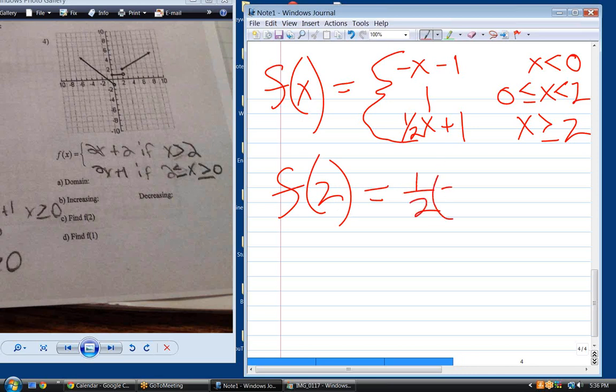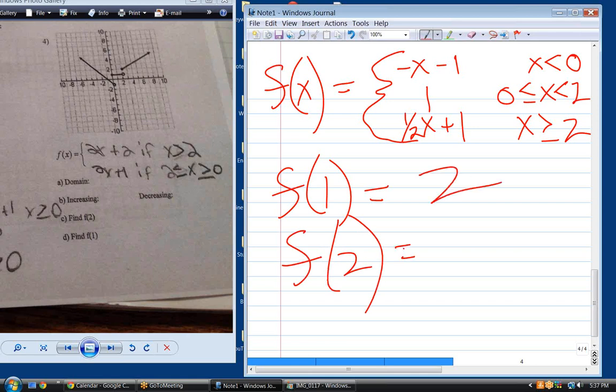I'm going to plug in 2 for x. Okay, sorry, I thought you gave me the wrong answer at first. My mistake. Yeah, f of 2, you're correct. That is 2. What's f of 1, and which function am I going to use? Are you going to use the middle one? So what's f of 1? 1. Correct.